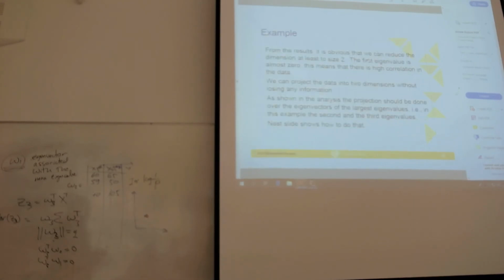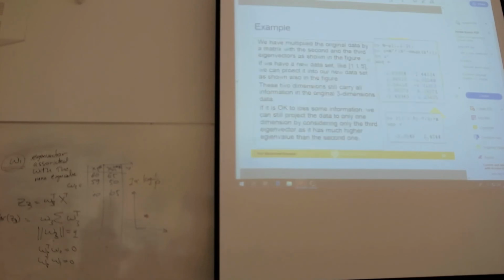Okay. So next, we build this W as the second and the third eigenvectors, and then we build our new data. Our new data Z equals W transpose times X transpose minus its mean, and then Z transpose.